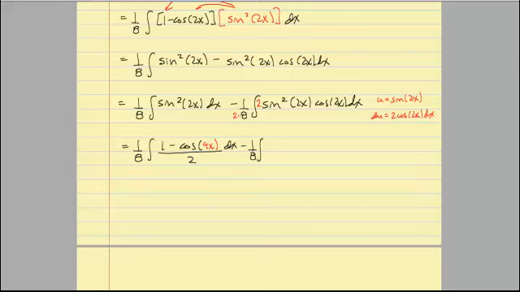Oops, I don't have a 1/8, I have a 1/16, because I used that for compensation, so that becomes a 1/16, and this is going to be u squared du. Okay, going to our next step in rewriting, I end up with 1/8 integral. Actually, let's pull that 2 out as well, and let's call this 1/16 integral of 1 dx minus 1/16 integral of the cosine of 4x dx.